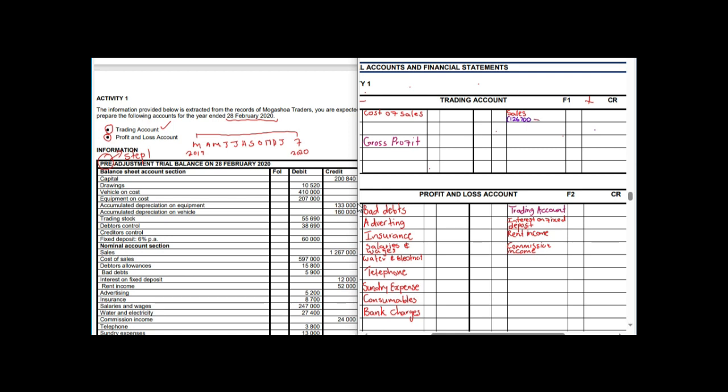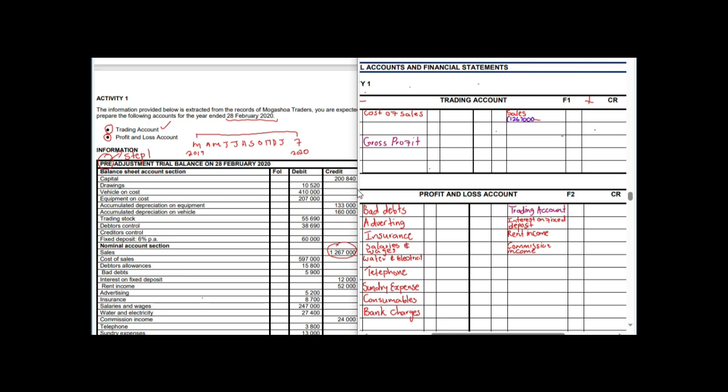From our pre-adjustment trial balance, we find that the sales amount is 1,267,000, and we write it in brackets there: 1,267,000.